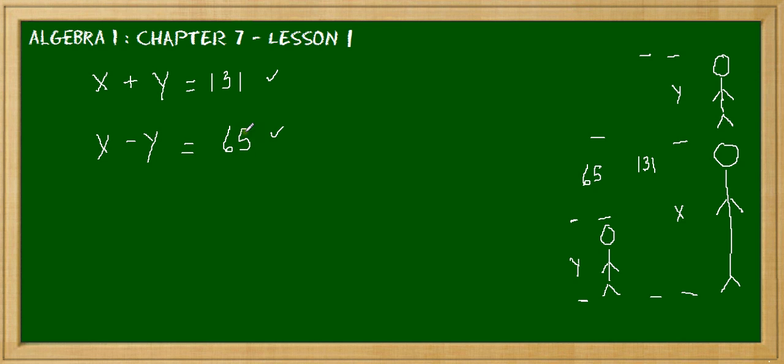Now, if we took two totally independent equations, we can't make that assumption. We're using these values of x and y as specific values that are the same value. So we have Mr. Kohler's height plus Mr. Massayeros' height is equal to 131. And likewise, we have Mr. Kohler's height minus Mr. Massayeros' height is equal to 65.